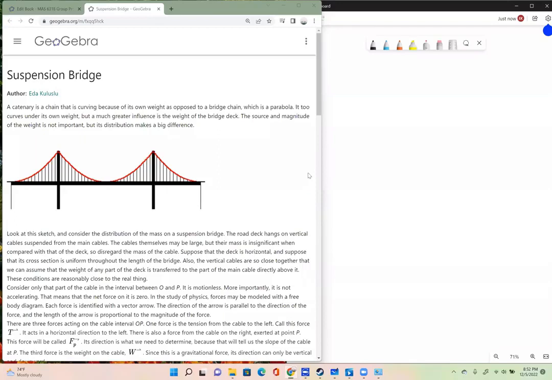So now I will be showing one real-world example of a quadratic and what a quadratic is versus a catenary. Here we have a suspension bridge, which is more closely related to a quadratic.